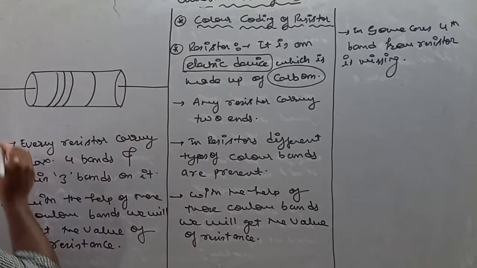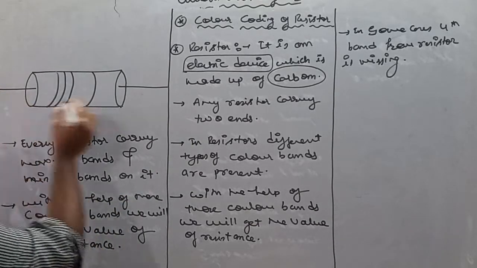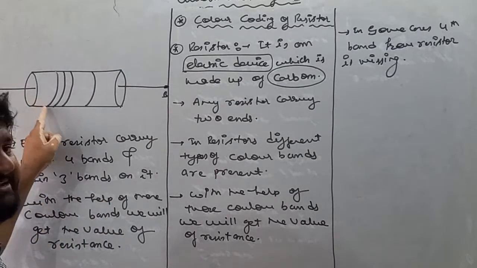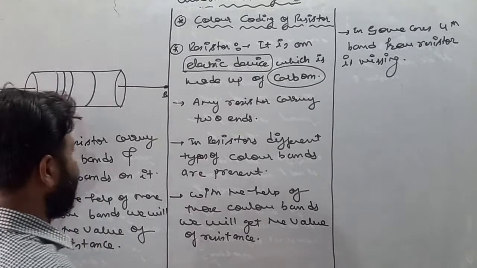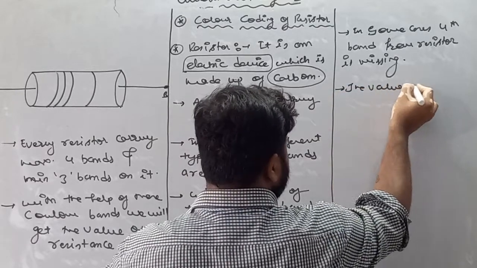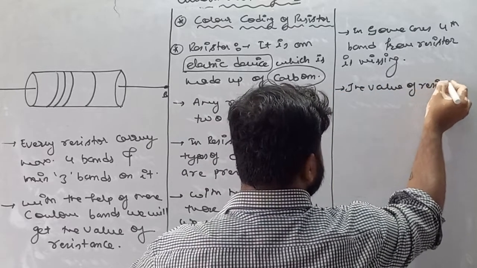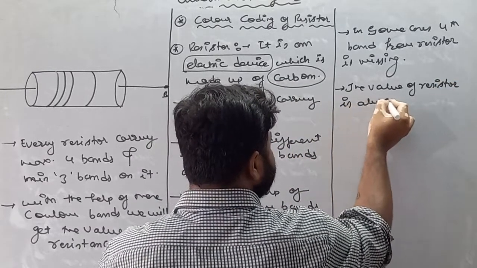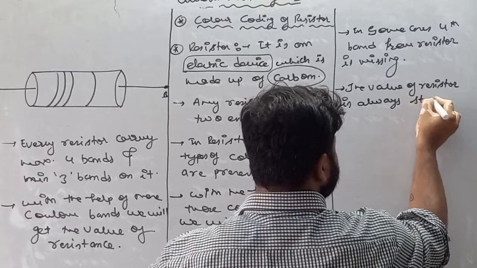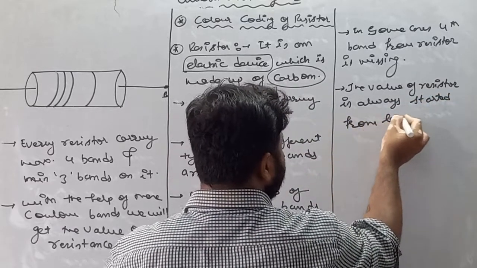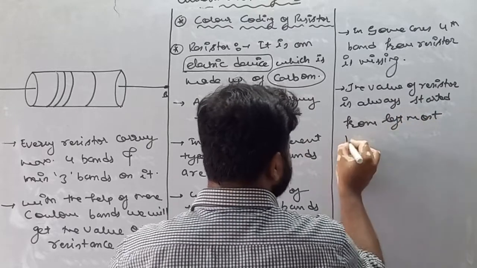Now see, actually the calculation of the resistor is always starting from the leftmost end. So I'll write, the value of the resistor is always started from the leftmost band.